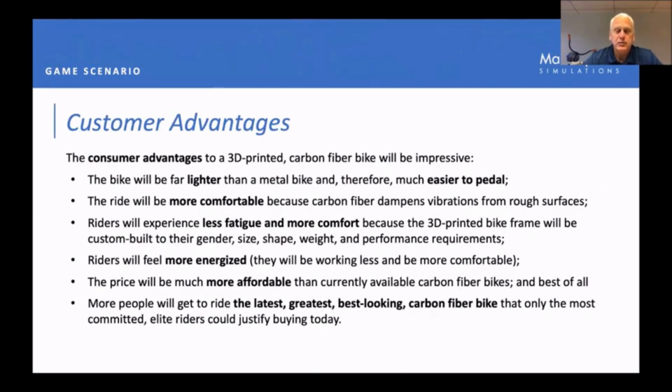It has a certain amount of flex to it, and as a result, that means you will have less fatigue, more comfort, and the fact that it's built just to your specifications. So it's not a bike that's a little too big or a little too small, a little bit too heavy, and these kinds of things. You also feel really more energized because you're not working as hard and you're more comfortable.